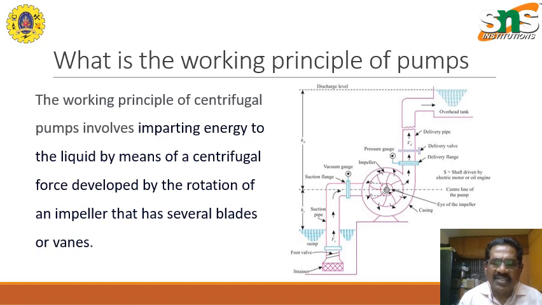When this rotates, external power is given, and you have a vortex kind of chamber here, where the pressure increases, and it sucks the liquid from here and pushes it to the higher level, to an overhead tank. This point is called the discharge level, and the water is at this level here. The center line of the pump is shown here. These are the delivery pipe, and this is the suction pipe.